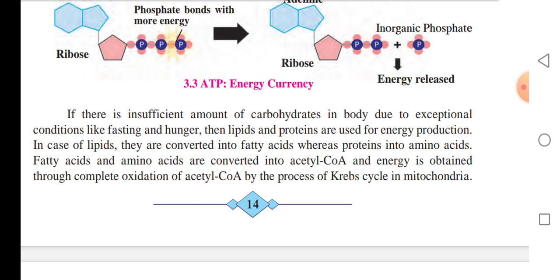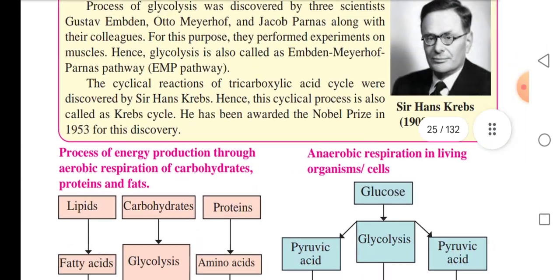Lipids are converted into fatty acids, whereas proteins are converted into amino acids. Fatty acids and amino acids are converted into acetyl CoA, and energy is obtained through complete oxidation of acetyl CoA by the process of Krebs cycle in mitochondria.